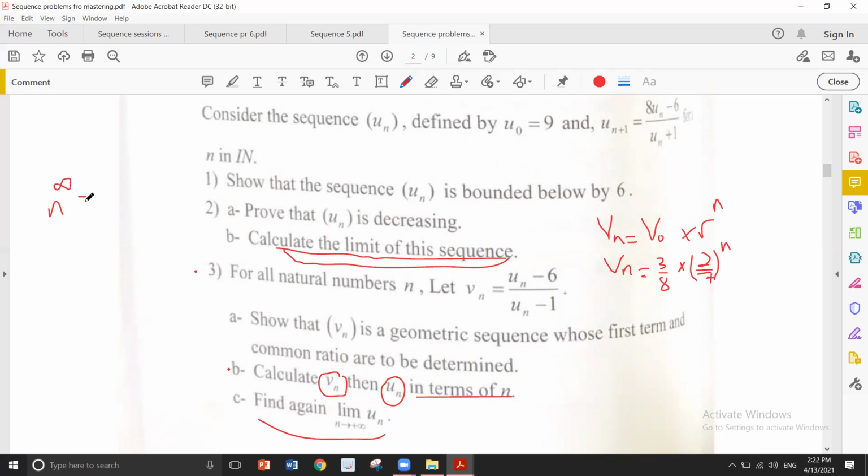Infinity in all cases? No, if greater than 1. Is there n between 0 and 1? How much will be the limit?